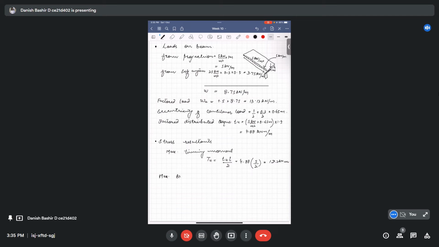The maximum bending moment I also showed in the bending moment diagram. It is the hogging moment at the support, Mu equals wu l square by 12. When we plug in all the values we get 27.35 kilonewton meter hogging.